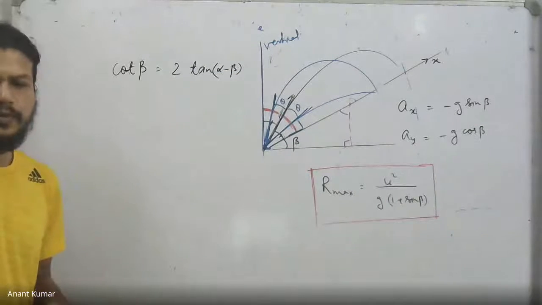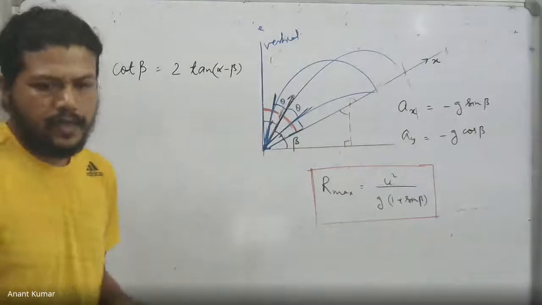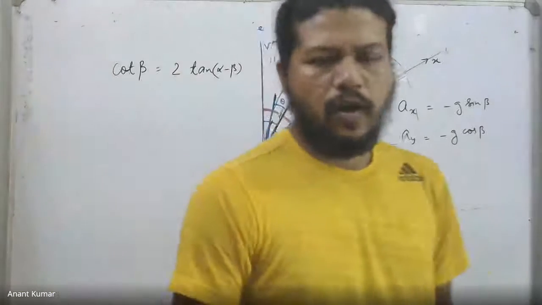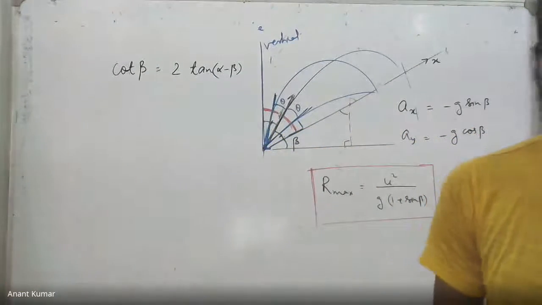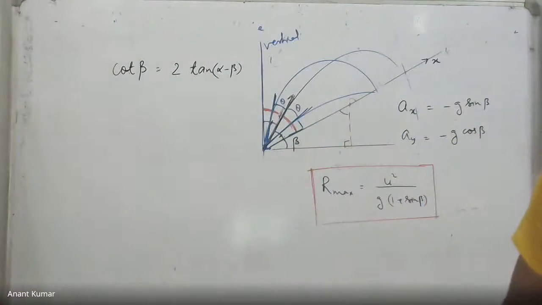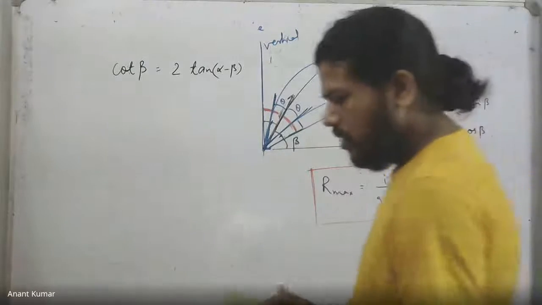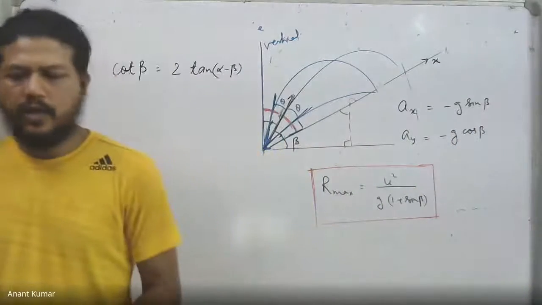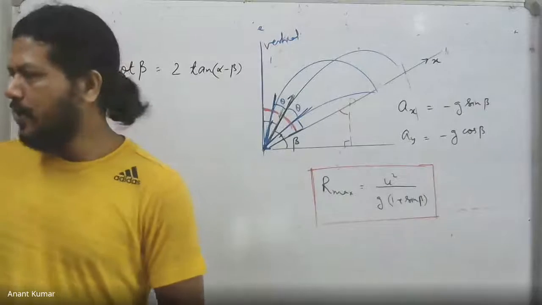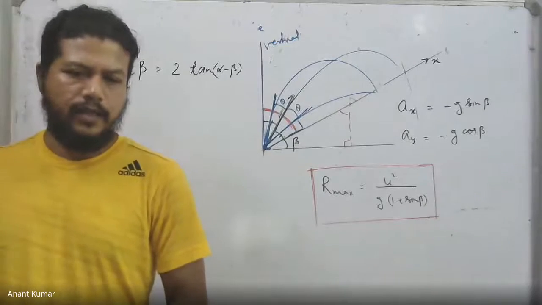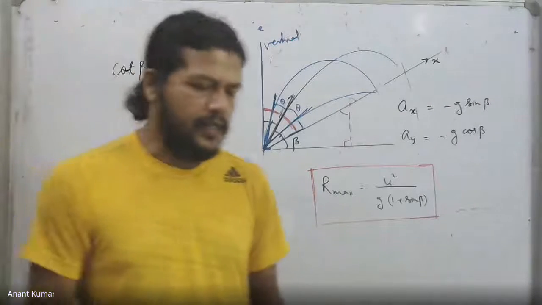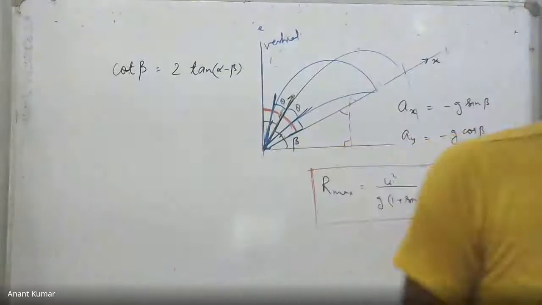This is what we have to prove. Remember that in this case, the angle alpha was with respect to the horizontal, not with respect to the inclined plane. The angle alpha was with respect to the horizontal. The speed is not given, if the particle strikes the inclined plane at right angles.